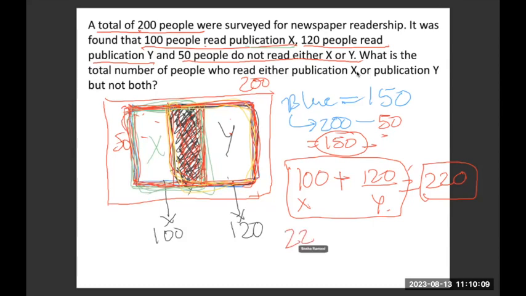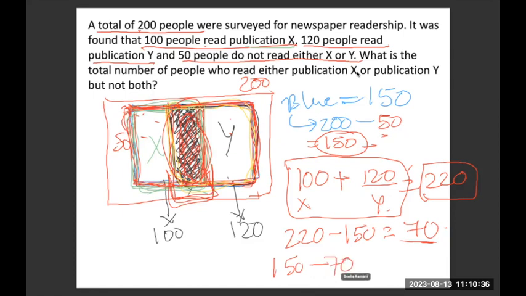So if I subtract 220 minus 150, I will get 70 people. Those 70 people will be staying in this common part, which is the excess part. 70 people is excess in both the cases. So 70 people will be staying here in the intersection part. At the end, all I have to do is 150 minus 70 will give me 80, which is the people who will be in this part and this part.